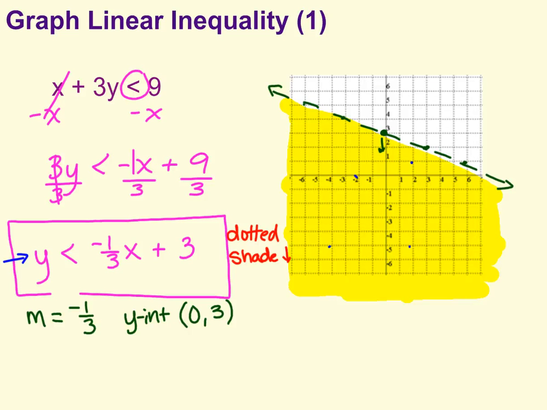Now the reason why our line was dotted is because it does not include points on the line. If you were to pick, let's say this point right here, that's on your dotted line, plug it in, it would not give you a true statement. So you're shading all of the possible solutions, but the dotted line just tells us that we are excluding the points on the line. So what's the solution to the linear inequality? Everything we just shaded.